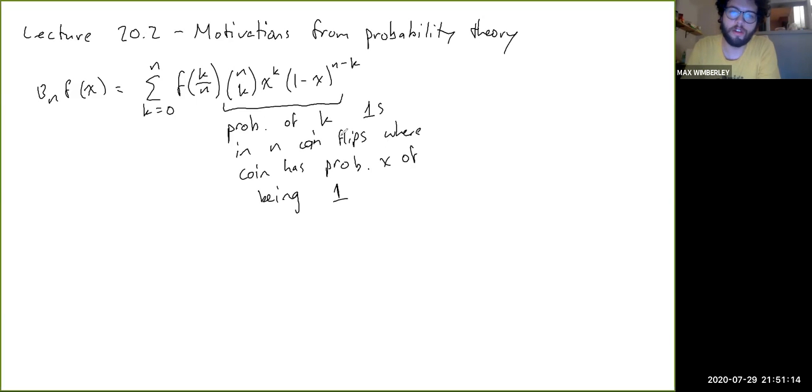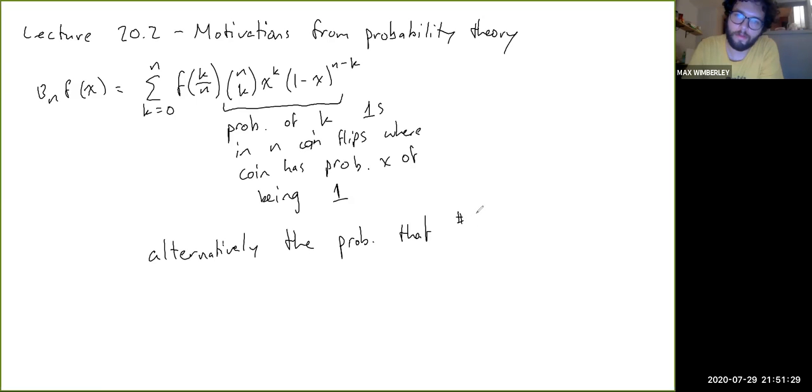Alternatively, the probability that the number of ones over n equals k over n. You can just divide by n and it doesn't affect the probability, and you can think of this as the average success rate.